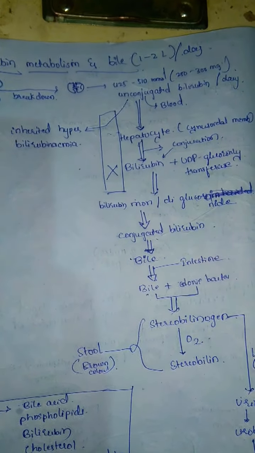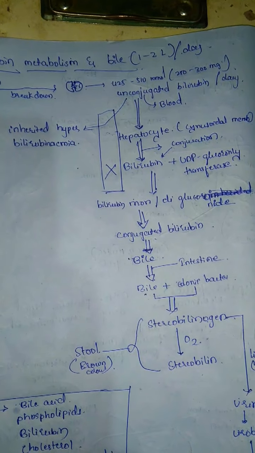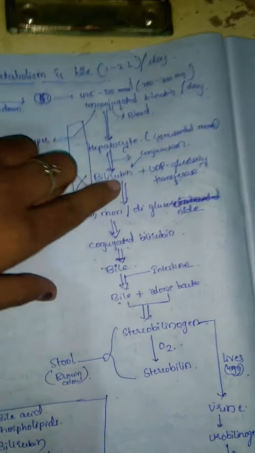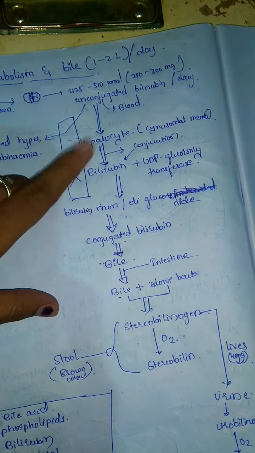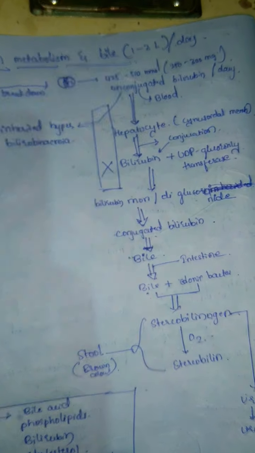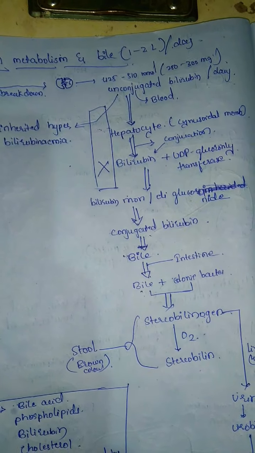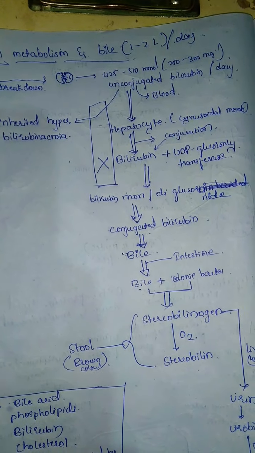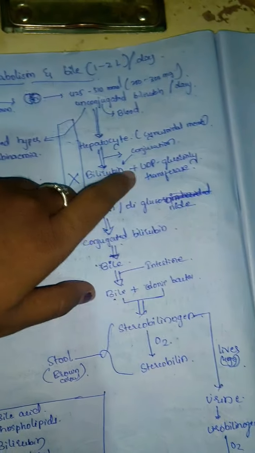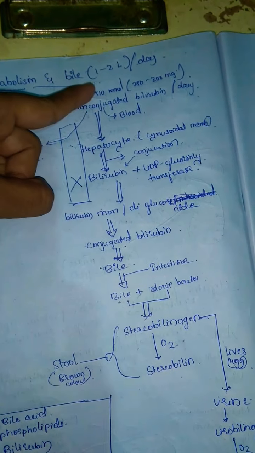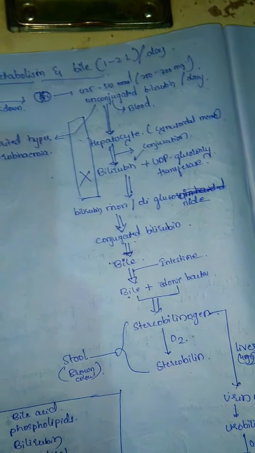So mono and diglucuronides are formed. These are the conjugated components of bilirubin. This is the enzyme which converts the unconjugated into the conjugated bilirubin.